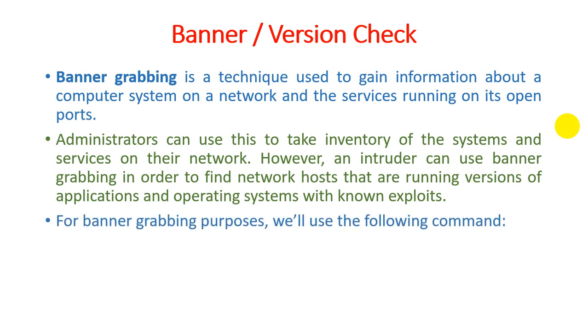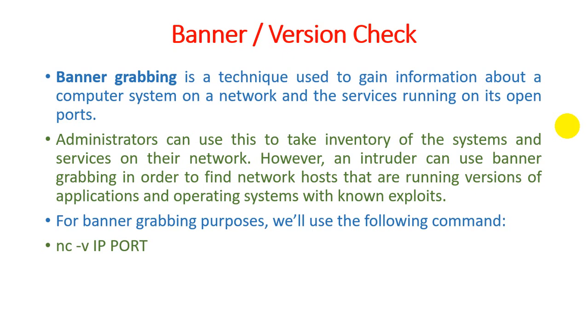For banner grabbing, we will use the following command: nc -v, IP and port. nc is the tool through which we perform it, -v is for the version, then you provide the IP address, or system address, and the port number whose version you want.